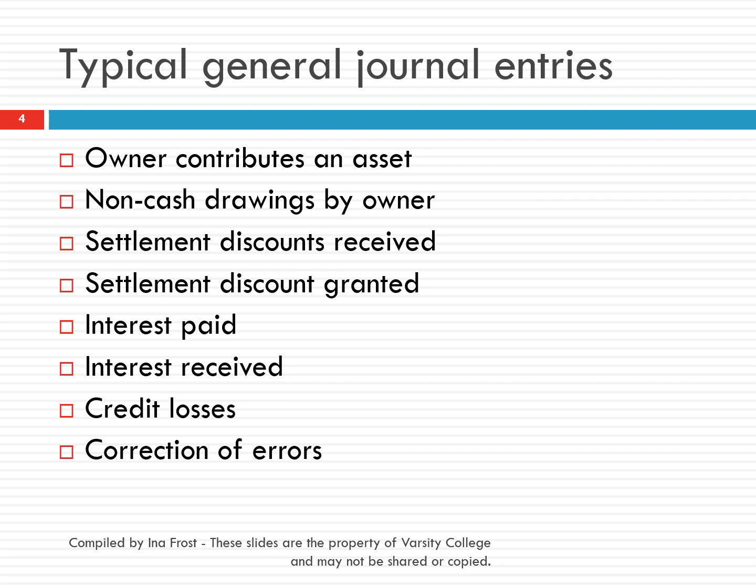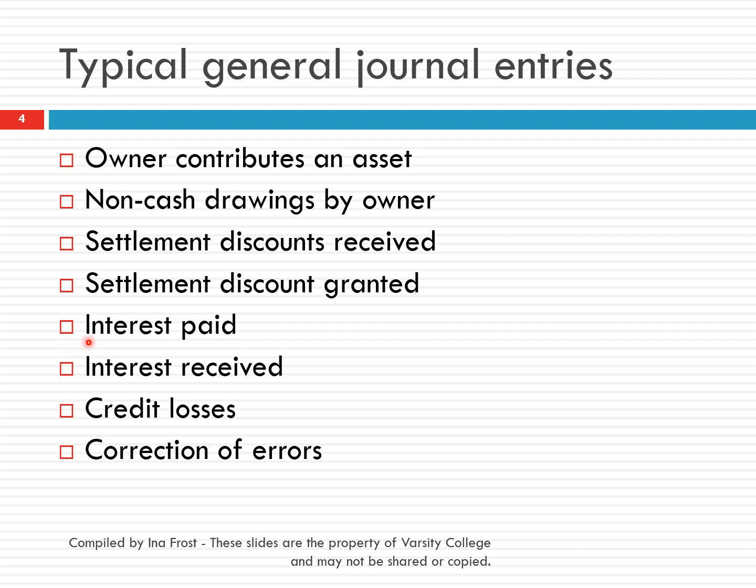Typical entries that you'll find in the general journal would be if your owner was making a contribution of an asset to the business, not cash, but an asset. If the owner takes drawings from the business, again, non-cash drawings, so inventory or stationery could be taken by the owner. Then we have our settlement discounts granted and received.